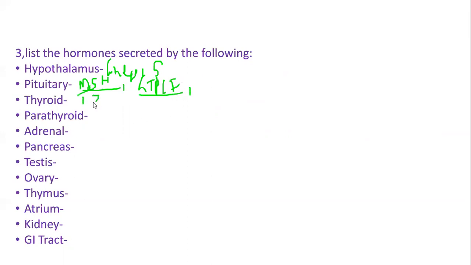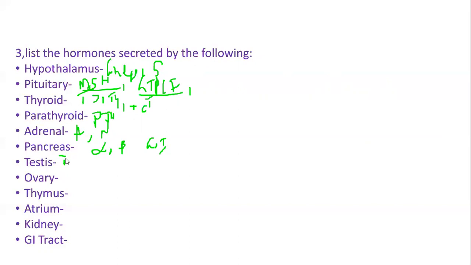Thyroid gives T3, T4, and parathyroid gives parathyroid hormone, and adrenal gives adrenaline or noradrenaline. Pancreas, I told you, has two cells, alpha and beta cells in the islets of Langerhans, producing glucagon and insulin.